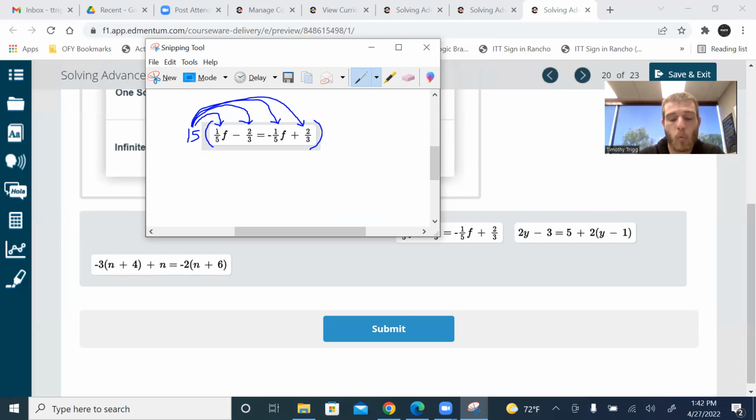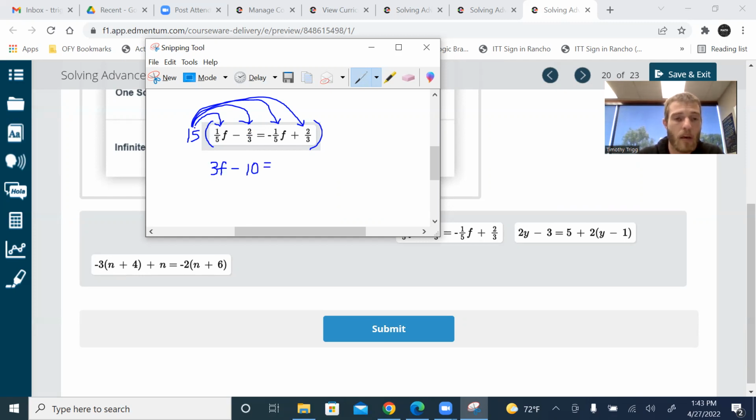So 15 times 1 is 15. 15 divided by 5 is 3. So this first term is now 3f minus. Then 15 times 2/3, you do 15 times 2, that's 30. 30 divided by 3 is 10.